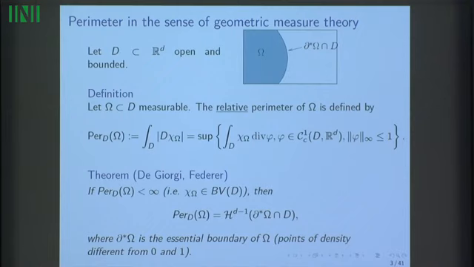More generally, we take it as a definition in case omega is not smooth. We only need that this is finite, and when it is finite, the characteristic function of omega is in BV, and we say in this case that it is a set of finite perimeter, also called a Caccioppoli set.